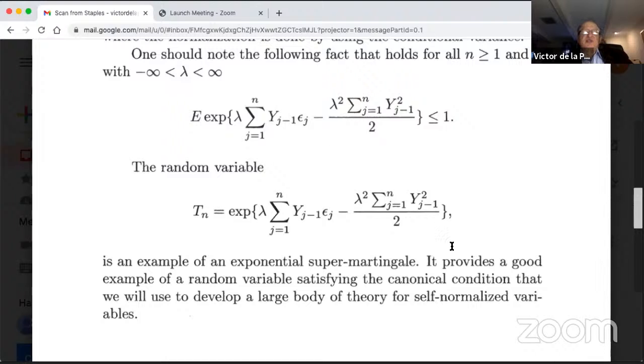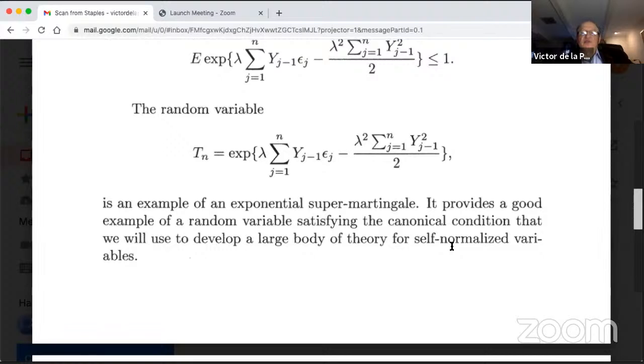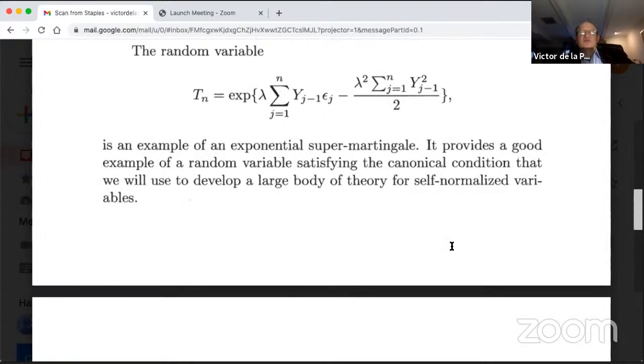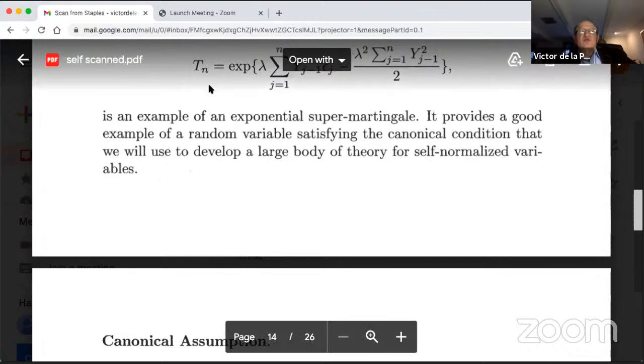It provides a good example of a random variable satisfying the canonical condition that we're going to use repeatedly: the expected value of Tn is less than or equal to 1, because this is a supermartingale.